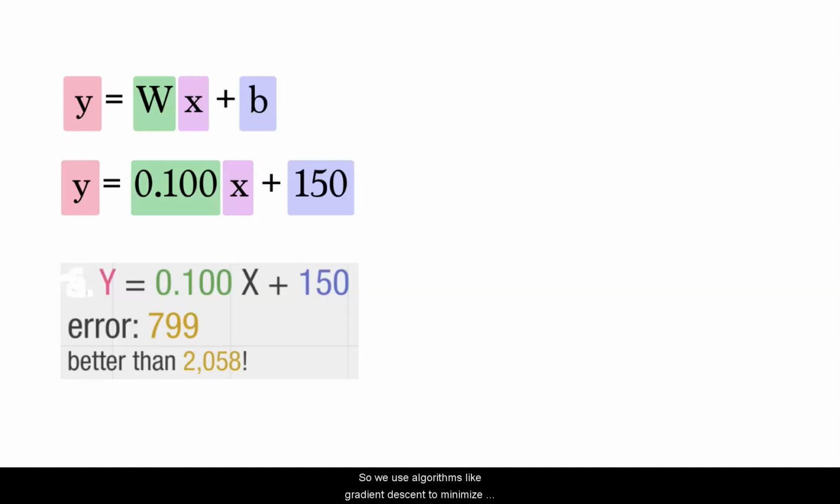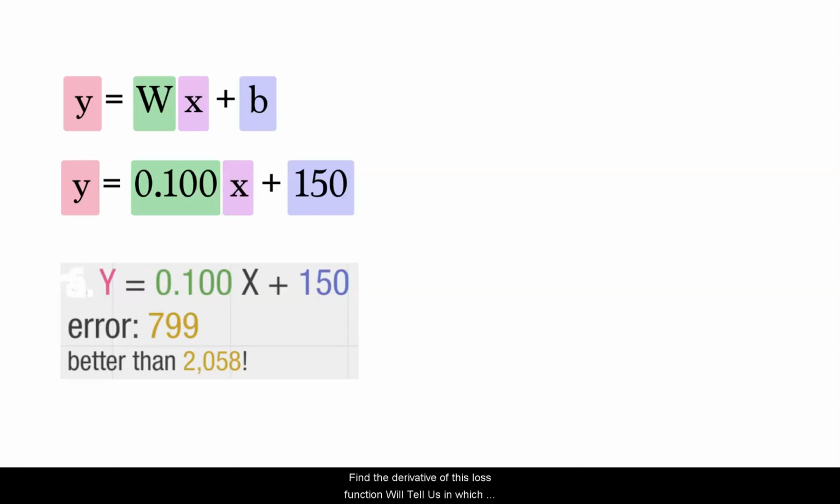So we use algorithms like gradient descent to minimize our cost function, or the loss function, or the mean squared error.